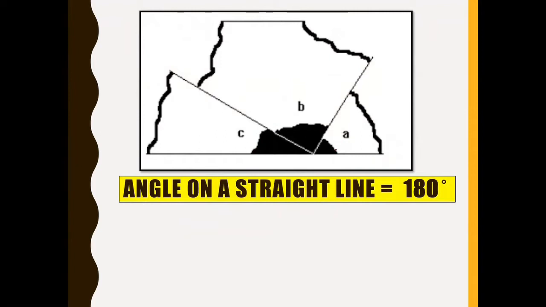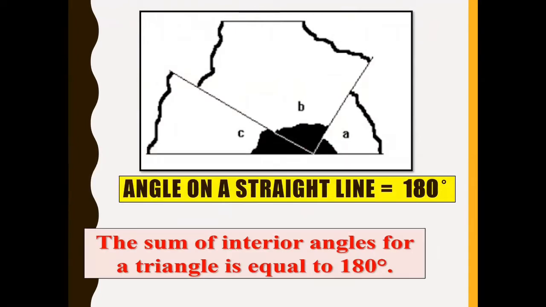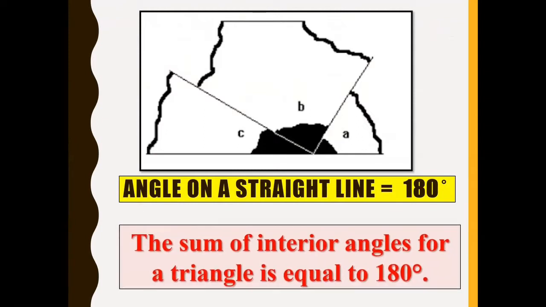So the angle on a straight line is equal to 180 degrees. We can conclude that the sum of the interior angles for a triangle is equal to 180 degrees as well.